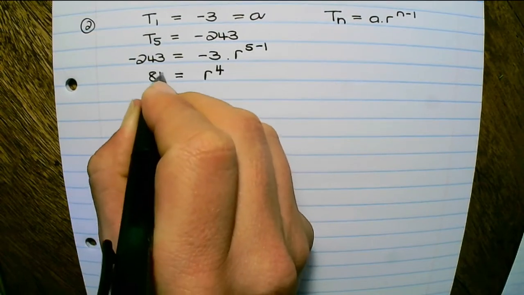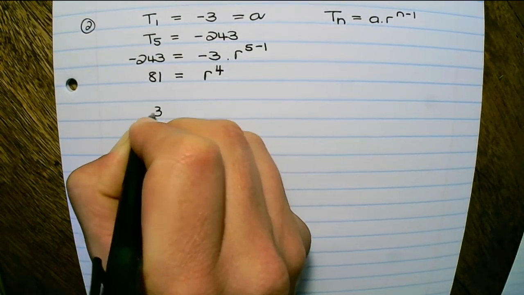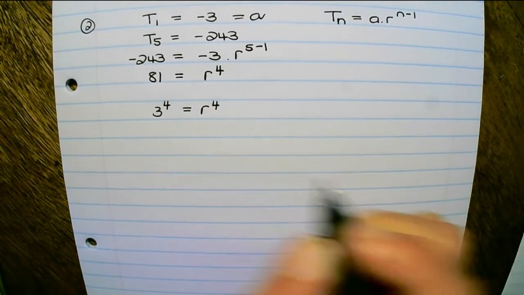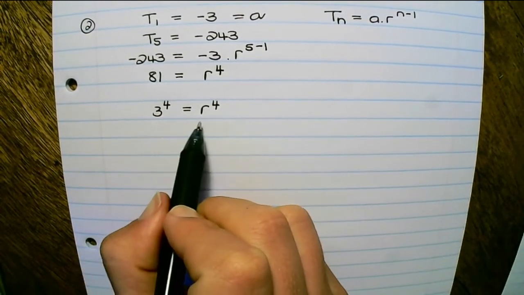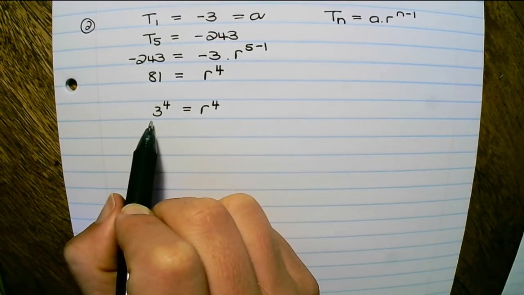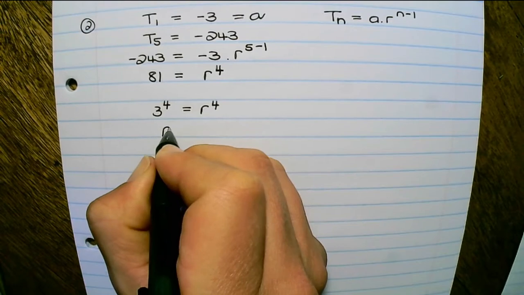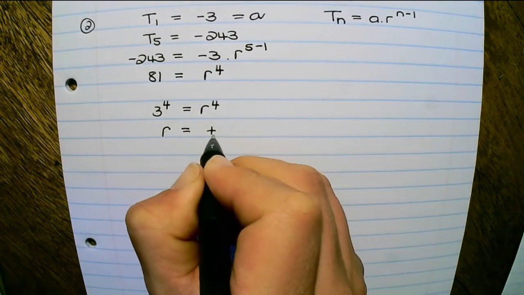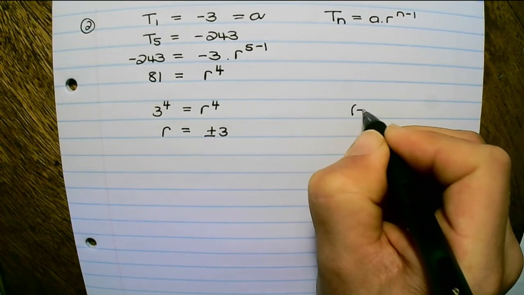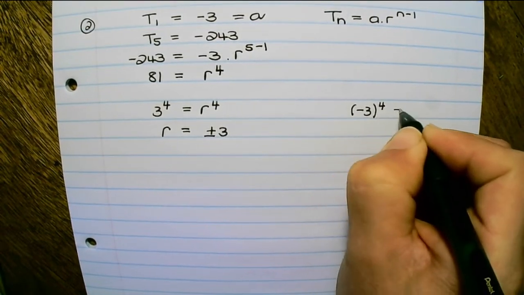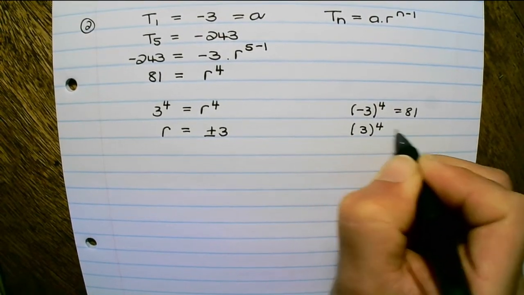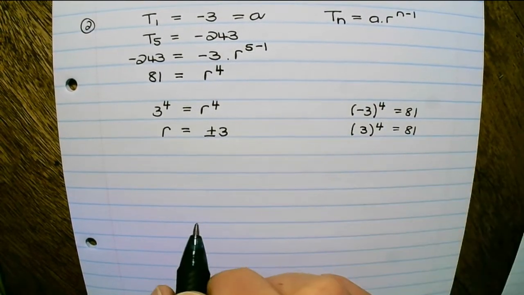And I can rewrite 81 as 3 to the power of 4. Now we need to be careful. It might look like r is equal to 3, but r is equal to plus or minus 3, because negative 3 to the power of 4 is equal to 81, and 3 to the power of 4 is equal to 81.